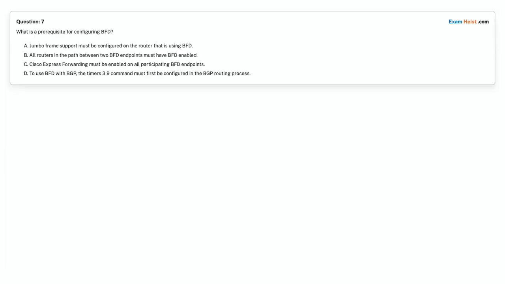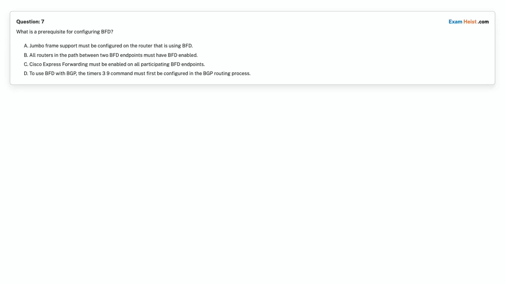Question 7. What is a prerequisite for configuring BFD? Option A. Jumbo frame support must be configured on the router that is using BFD. Option B. All routers in the path between two BFD endpoints must have BFD enabled. Option C. Cisco Express Forwarding must be enabled on all participating BFD endpoints.